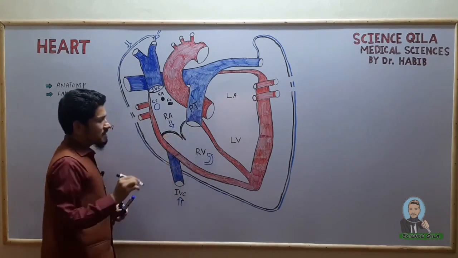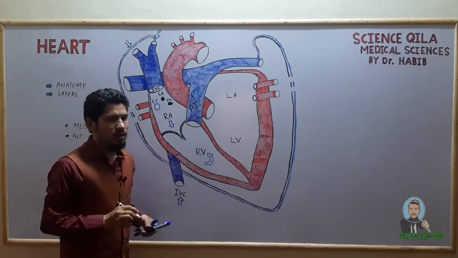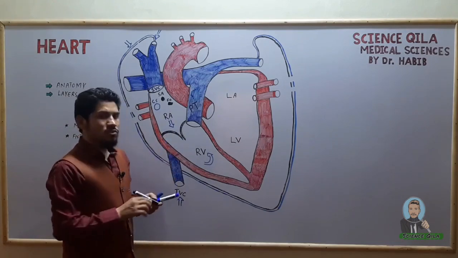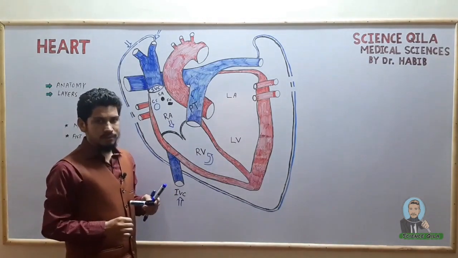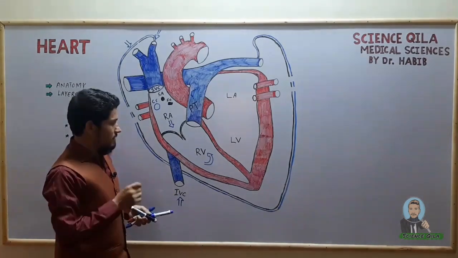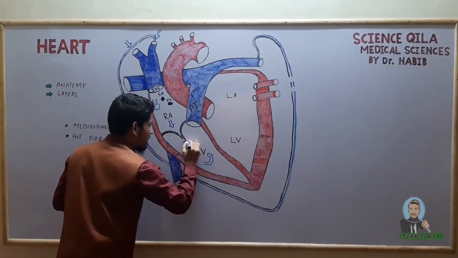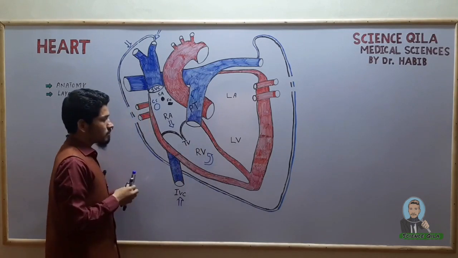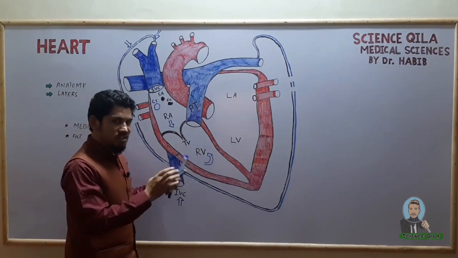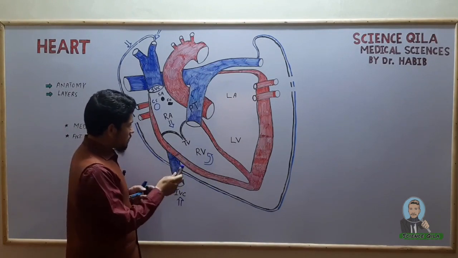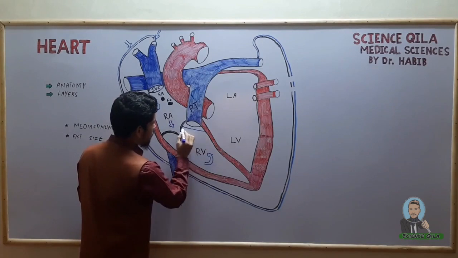As this is on the right side of the heart, we call it the right atrioventricular valve. As the right atrioventricular valve has three cusps or three flaps, the second name of this valve is the tricuspid valve.